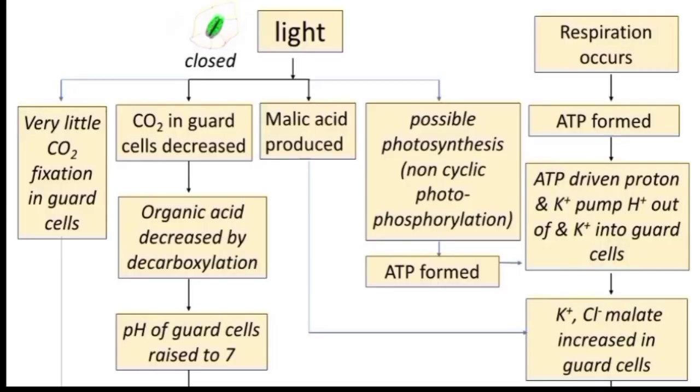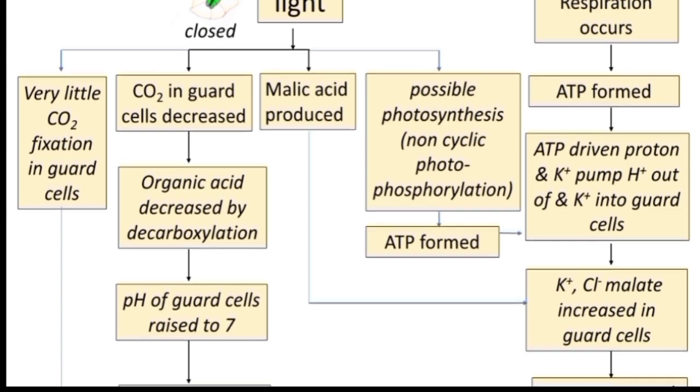So, the role of light can be compiled as follows. As light falls on the guard cell, photosynthesis takes place, and the concentration of CO2 decreases because CO2 is used in the photosynthesis. As CO2 concentration decreases, decarboxylation of organic acids takes place, and this leads to an increase in the pH of the guard cells.